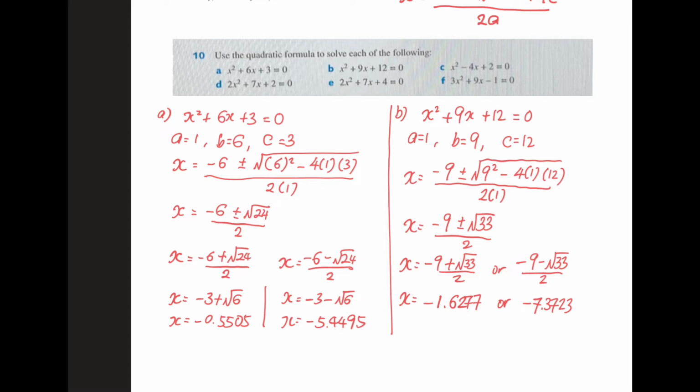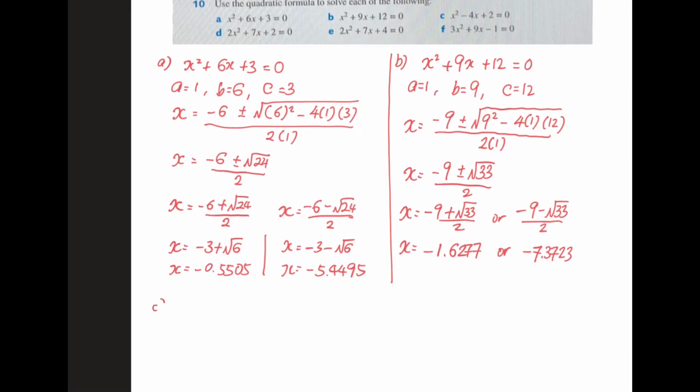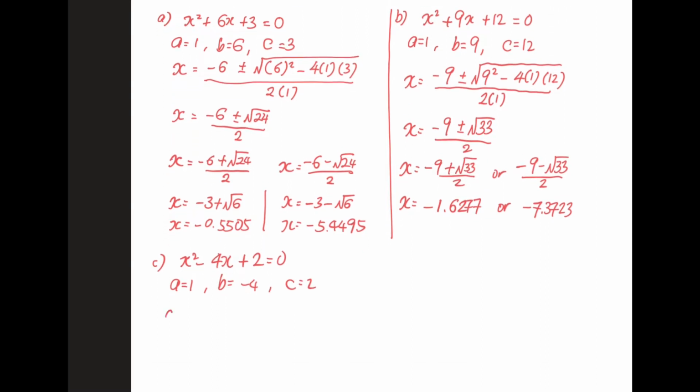And then we continue with C. Question C, we have x squared minus 4x plus 2 equal to 0. For this case, a is equal to 1, b is minus 4, c is equal to 2. So we use the formula again, x equal to minus b plus minus square root of b squared minus 4ac, over 2a.